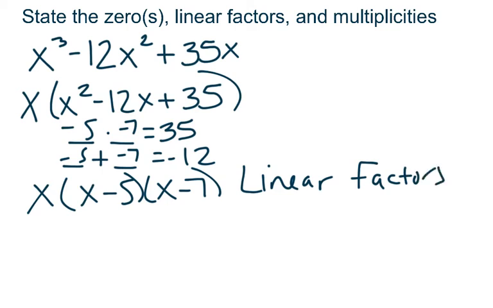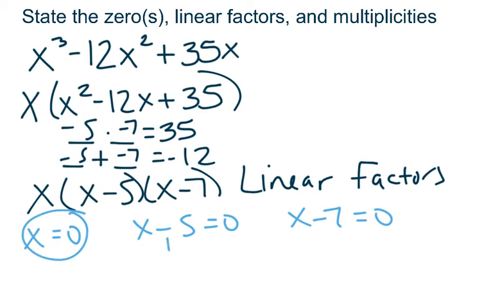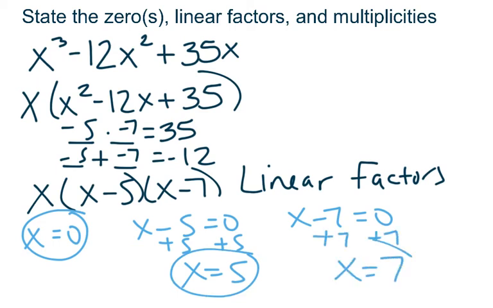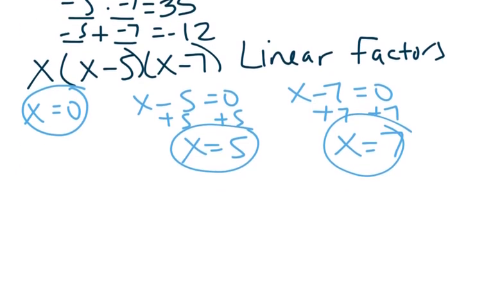So now, to find the zeros, I'm going to take my linear factors and set them equal to 0. This one's already done. I'm going to get x by itself by adding 5, so x equals 5. I'm going to get this one by itself by adding 7, x equals 7. Now I'm just going to state how many times it occurs.